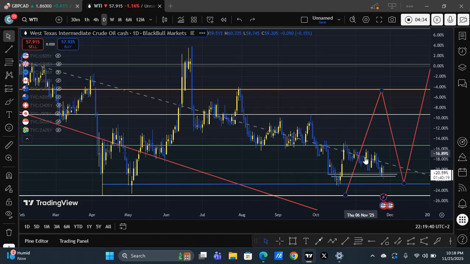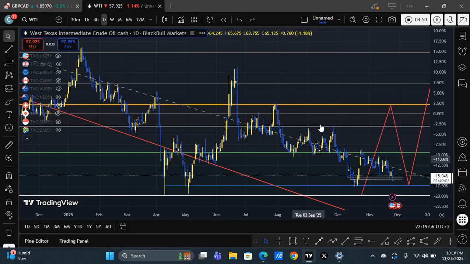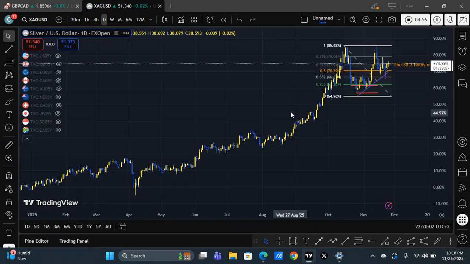When they increase production, the oil prices are reduced, and when they decrease production, the oil prices increase based on scarcity. This is something that I've been looking at on the oil market. Let's move backwards again.